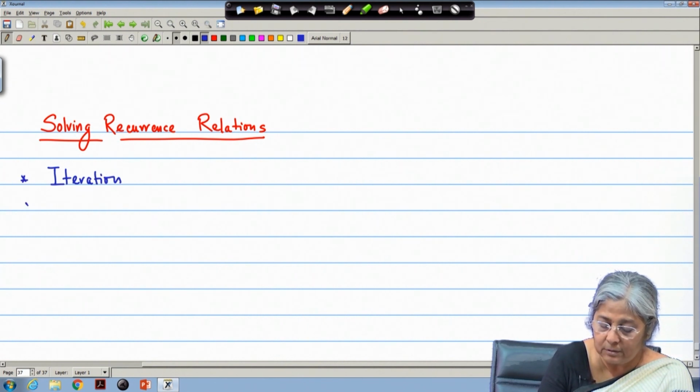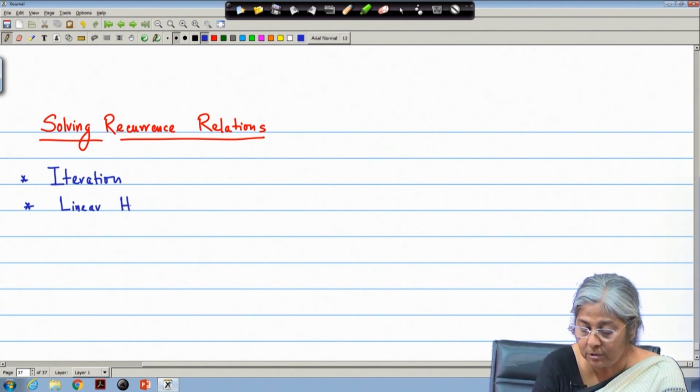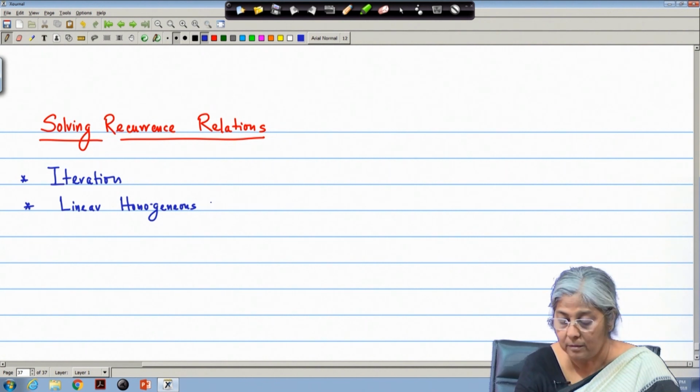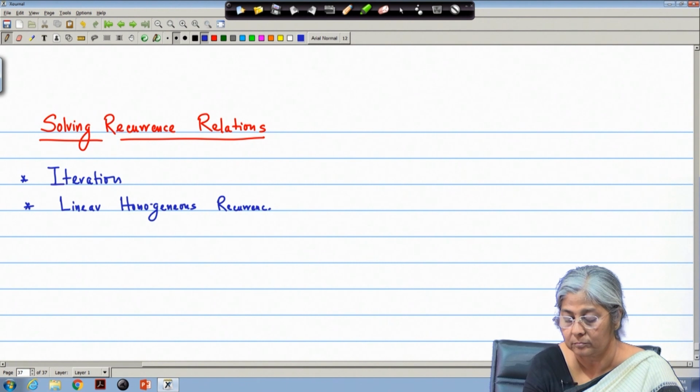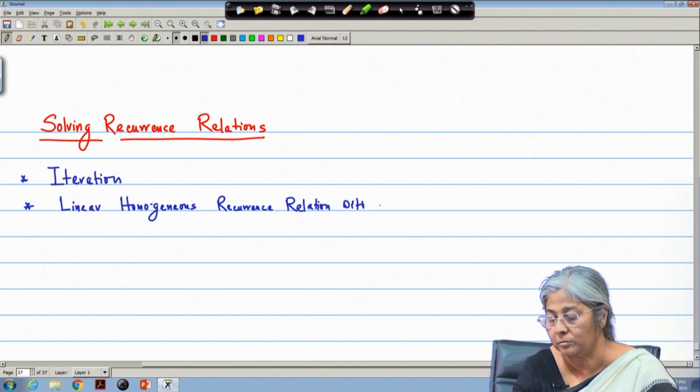Second, we will see how to solve the linear homogeneous recurrence relation with constant coefficient.